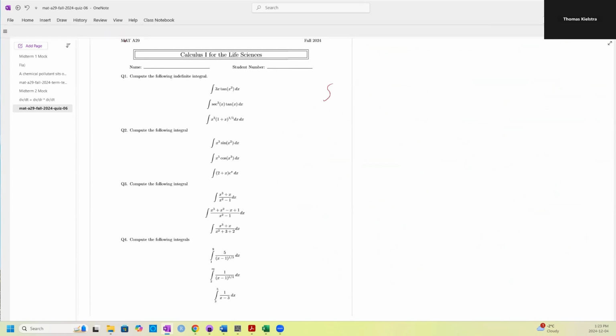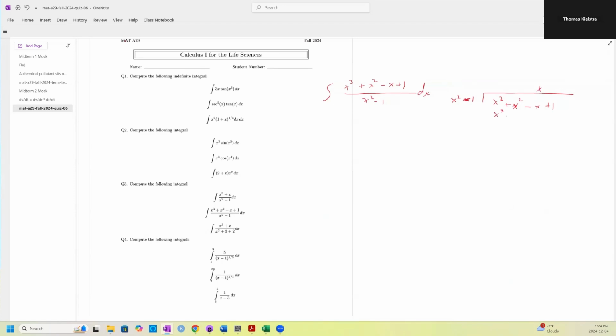We have the integral of x cubed plus x squared minus x plus 1 over x squared minus 1 dx. And now I'm going to do polynomial long division, x cubed plus x squared minus x plus 1. Right? And now we're going to divide this by x squared minus 1. X squared goes into x cubed x times.